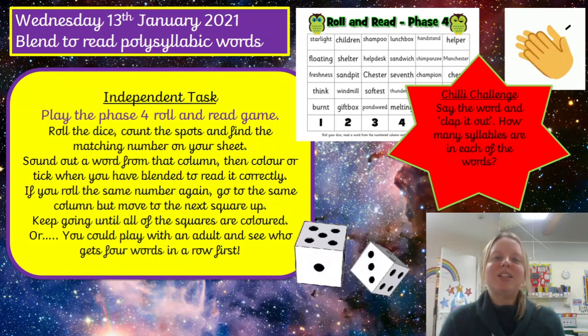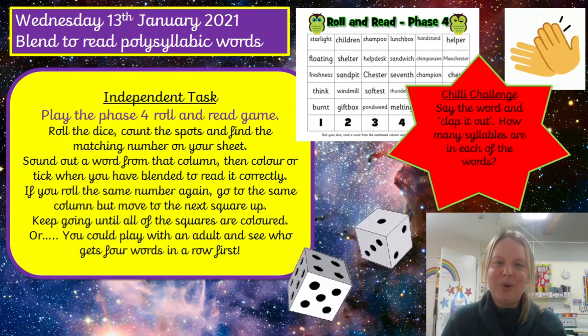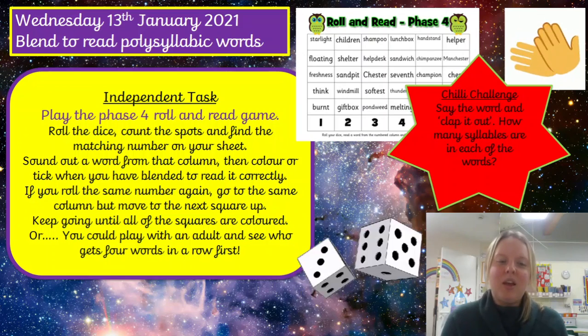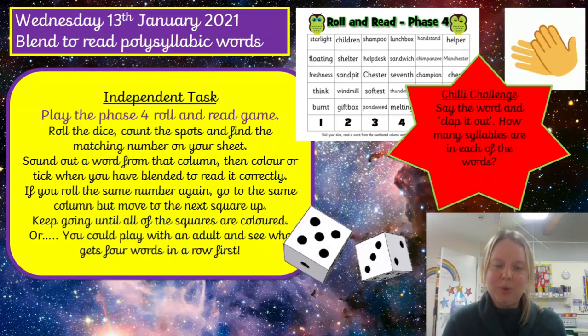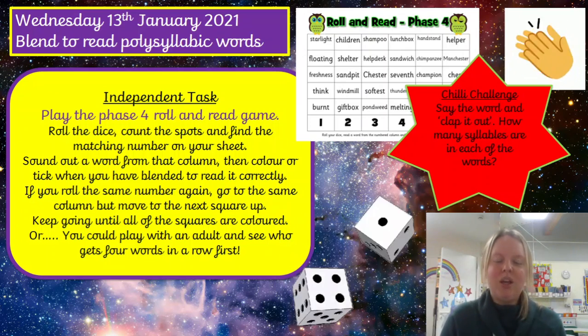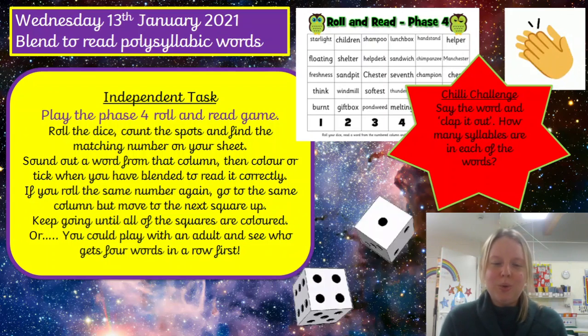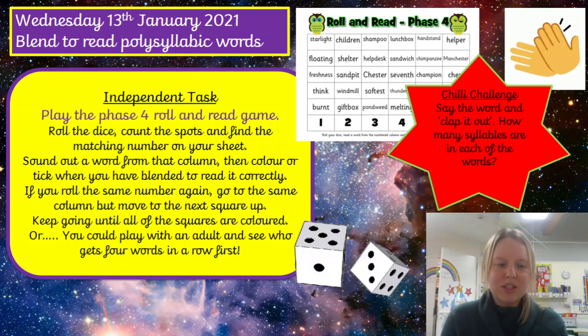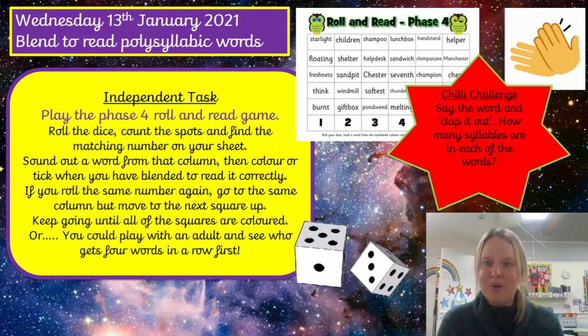So you need your adult with you so that they can hear if you're sounding it out and blending it correctly. If you roll the same number again, then you need to go to the same column but move to the next square up and read a different word. Okay? Keep going until all of the squares are coloured or ticked. Or you could play with an adult and see who gets 4 words in a row first.